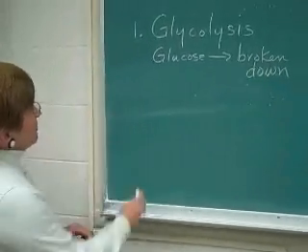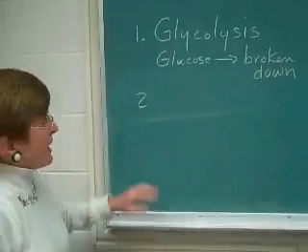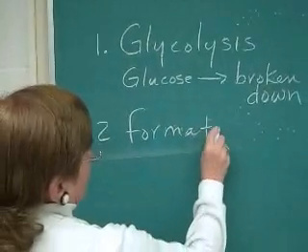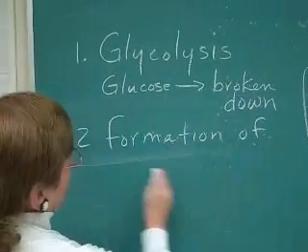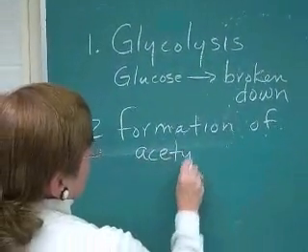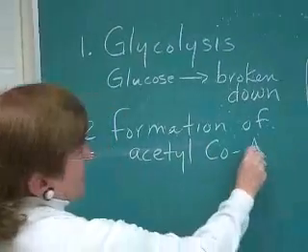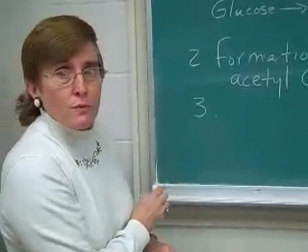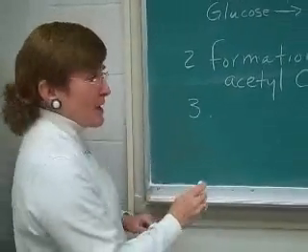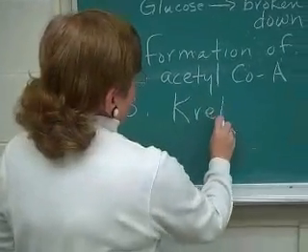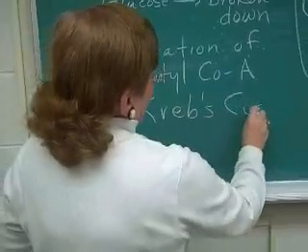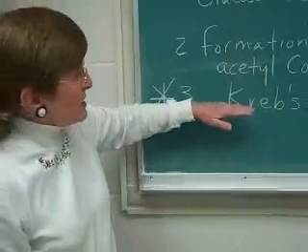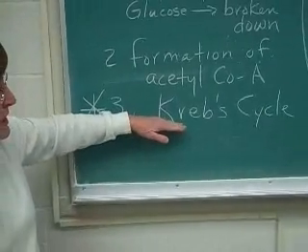Then, in a second step, which we talked much more extensively about in the lecture class, there is a formation of a molecule called acetyl coenzyme A that must be formed before the third stage of cell respiration takes place, and that third step is the Krebs cycle. This Krebs cycle is a very, very important step.